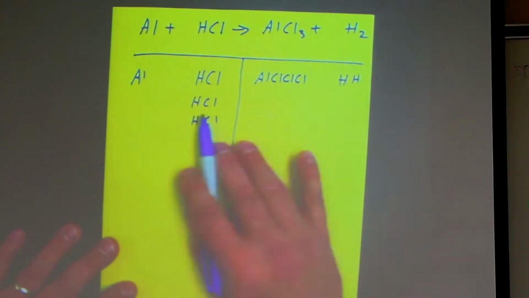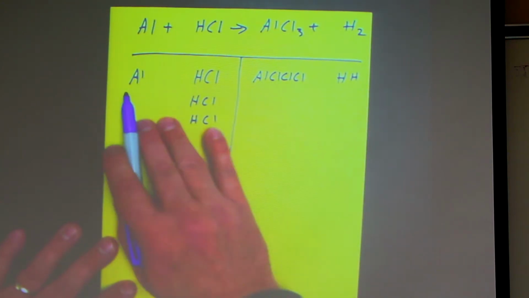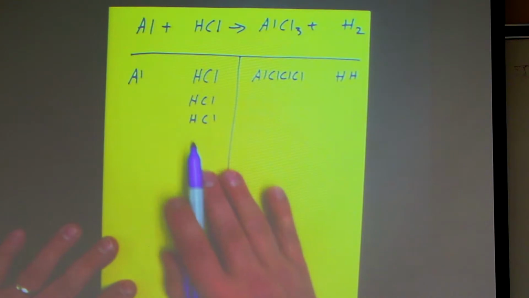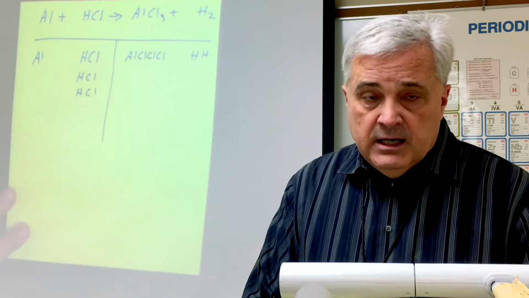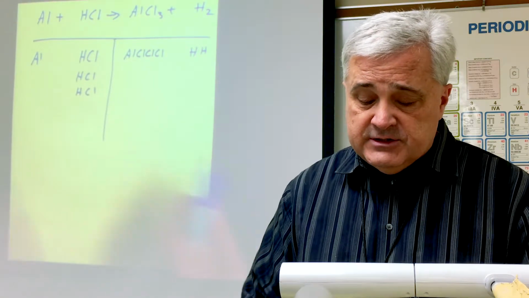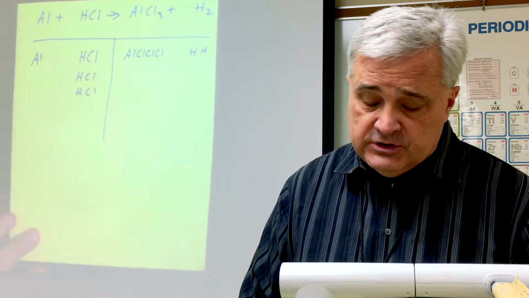Now when I go back to my atom inventory, I have 3 chlorines, 1 aluminum, 2 hydrogen, 3 hydrogen. Now I have an even and odd number situation. I chose this equation because it has this even-odd complication to it.